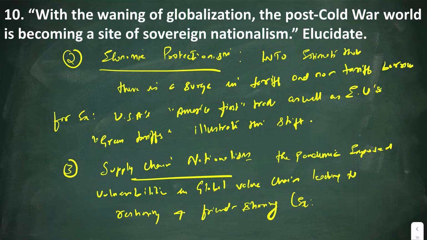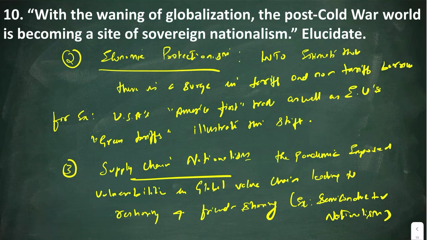Example, semiconductor nationalism. Look at this, how I'm bringing different keywords to make the answer seem the language of international relations. Learn from it, and I hope you are writing with me. Okay, so this completes the first part: why is there a retreat of globalization?